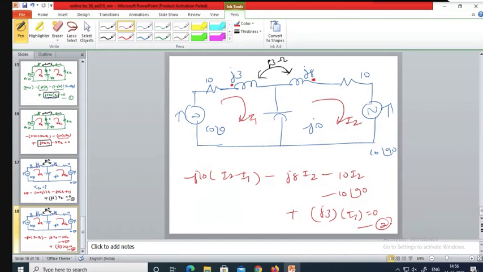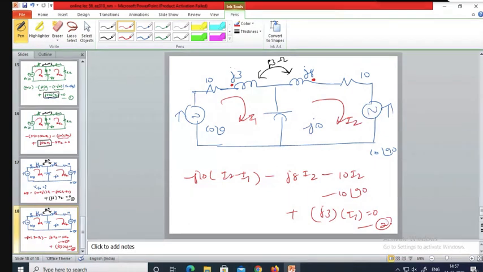Excuse me, sir. Yeah. Sir, that is minus J10 or plus J10, sir, in the center? Minus J10. Correct? Any doubts? Sir, that capacitance is there now, sir.